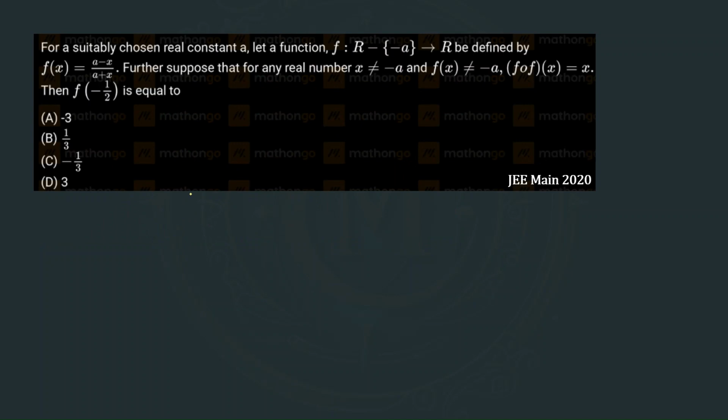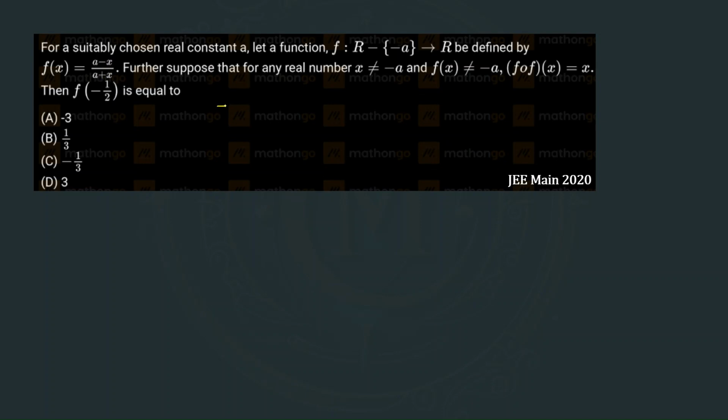Next question is from JEE Main 2020. It says if f(x) is like this, and further suppose that for any real number x not equal to minus a, f of f of x is equal to x. So f is again self-inverse. So we put the sum of the coefficient of x in the numerator and the constant term in the denominator equal to 0.